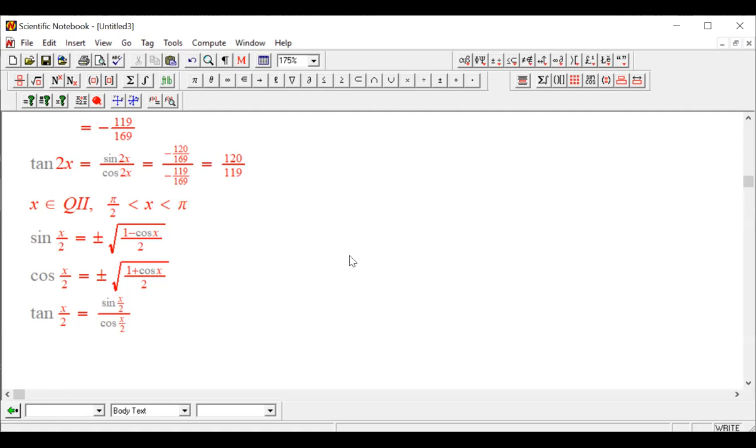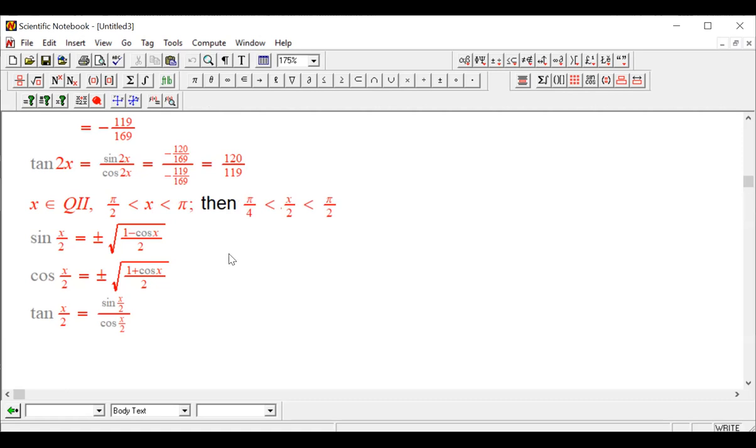That's the second quadrant. If x is in the second quadrant, if we divide every side by 2, right? We divide this guy by 2, we divide this guy by 2, we get pi over 4, and divide this guy by 2. Well, half x is in the first quadrant, right?